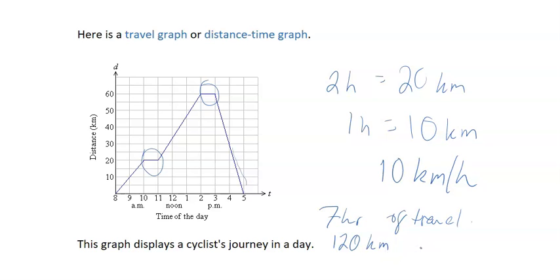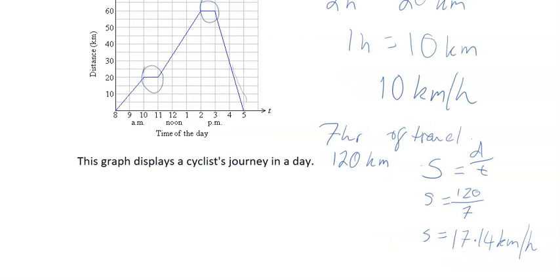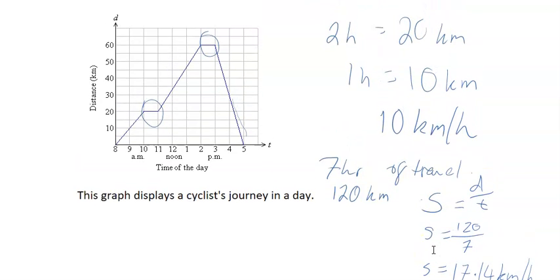So you've got distance, you've got time. So the average speed equals distance over time, which is 120 divided by 7. And I've gone and put that answer there, 17.14 kilometers per hour, rounded, of course.